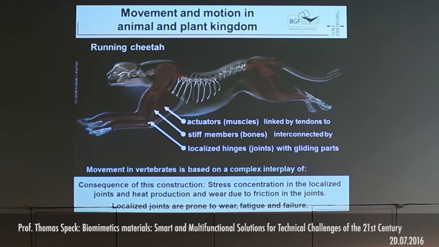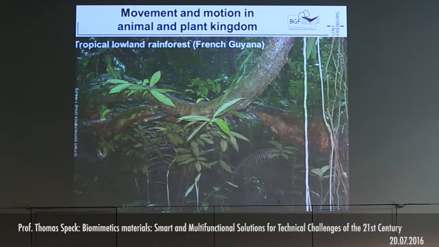We have stress concentrations in the joints, and there you have heat production and wear due to friction, and therefore localized joints are always prone to wear, fatigue and failure. You all know it with your elbow, with your shoulder. If you have an accident in sports, it's very likely that the bone breaks, or more often you have problems with your joints. And this is totally different in plants.